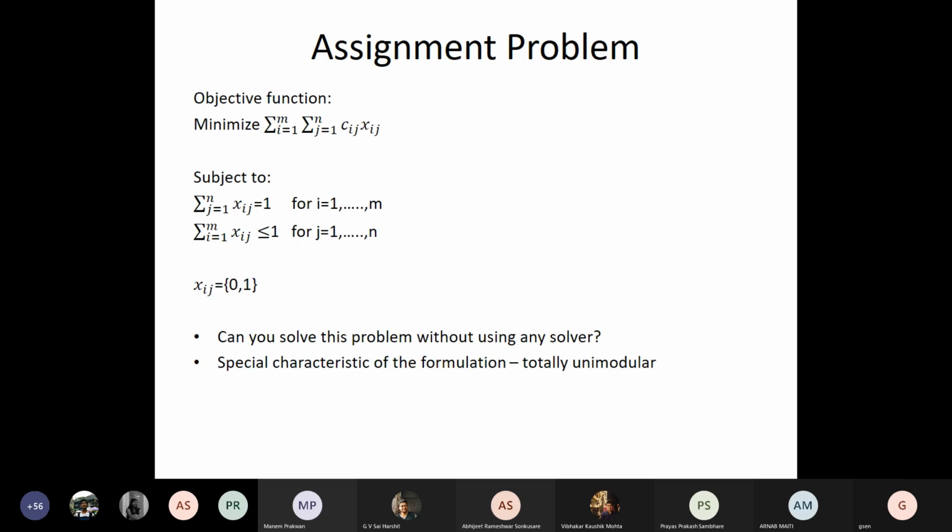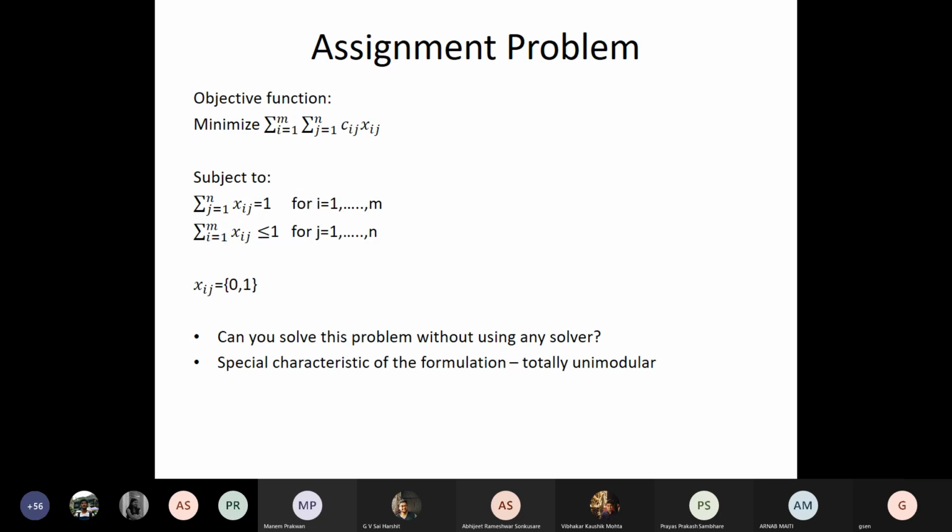Another problem is the assignment problem. So what is the assignment problem? Let us take another real example, say again from the aviation sector. Say there are 10 aircraft available and 10 crew teams.